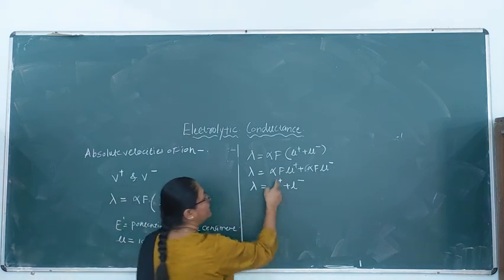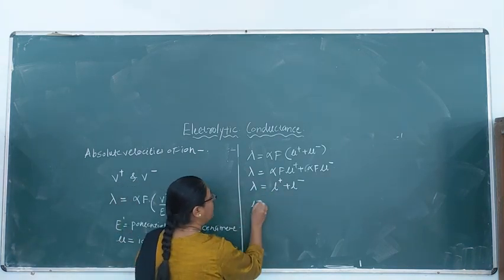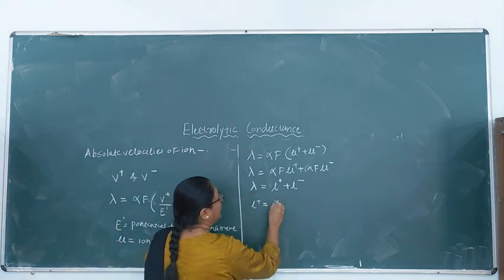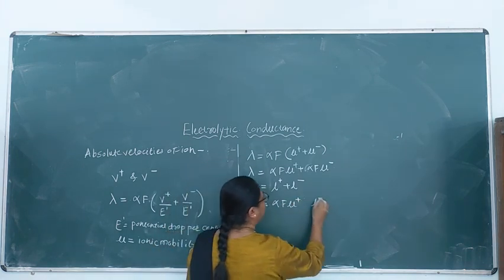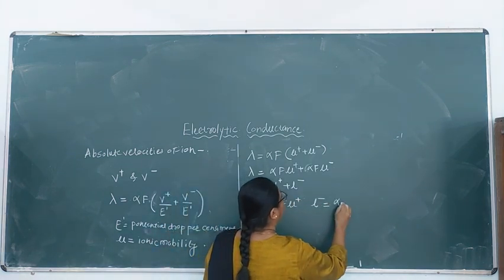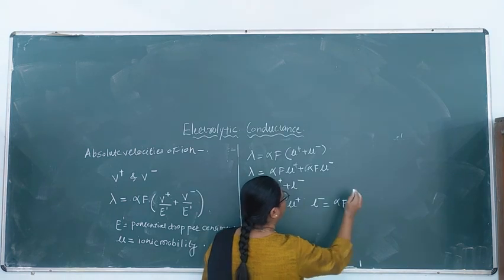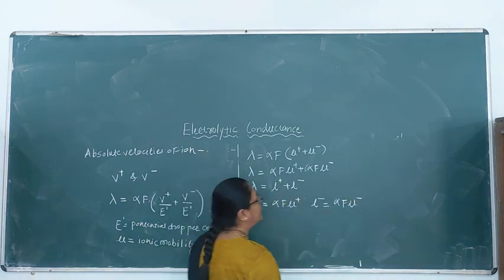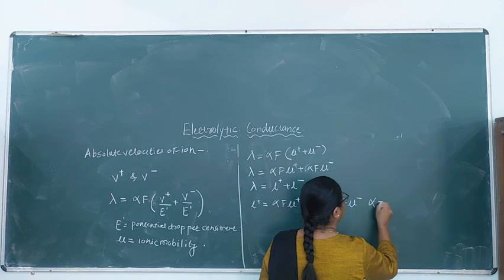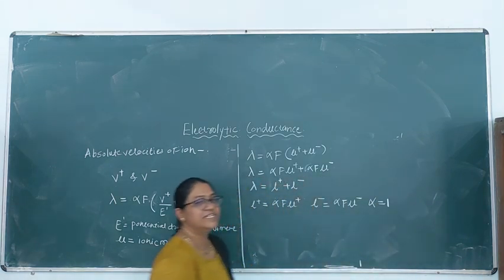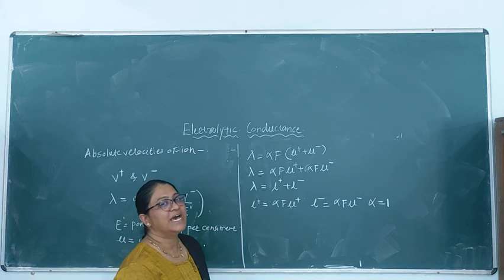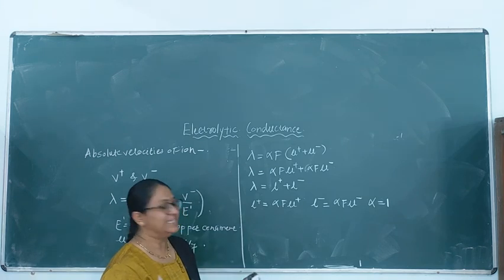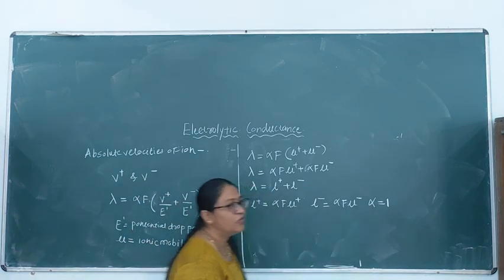That means if we compare these two relations, L plus is equal to alpha F mu plus and L minus is equal to alpha F mu minus. For a strong electrolyte, we know that alpha is equal to 1, which means strong electrolytes are always completely dissociated. That means the degree of dissociation for them is 1.